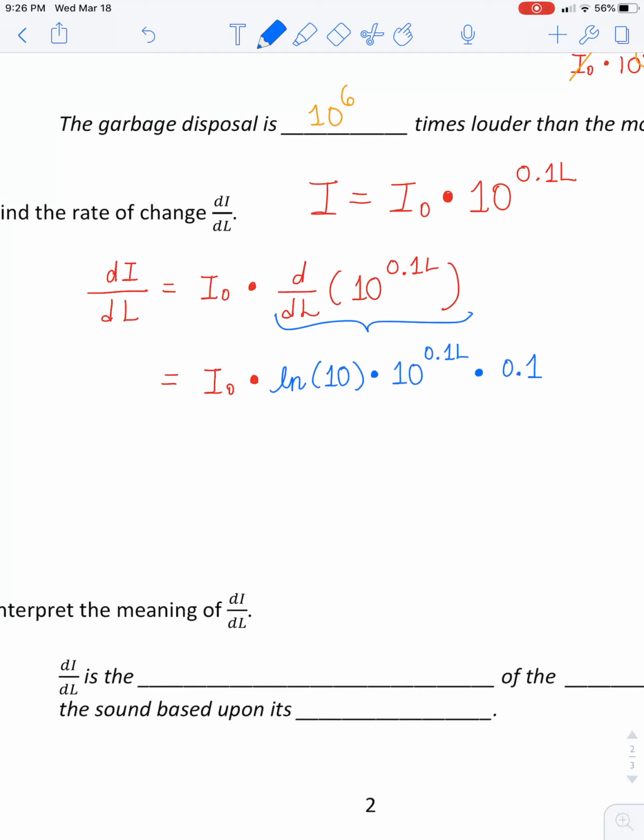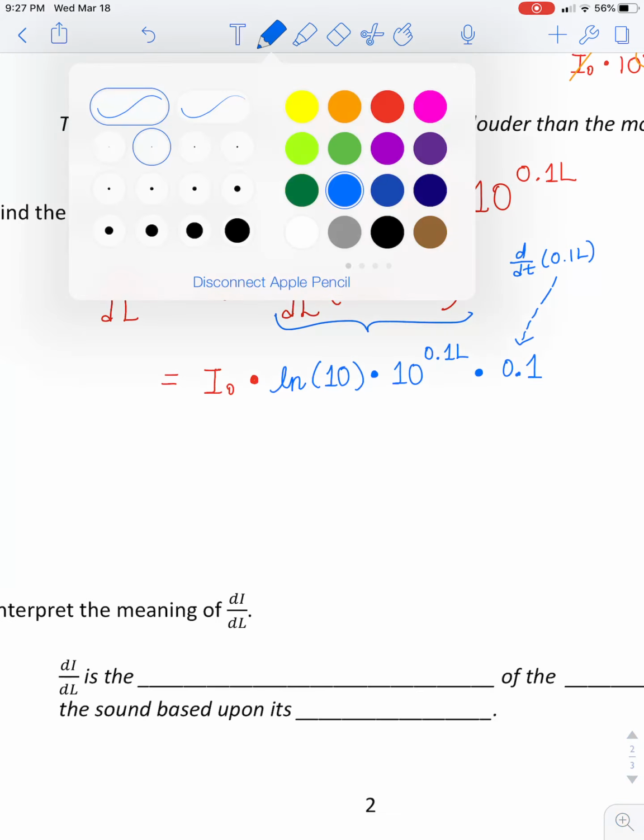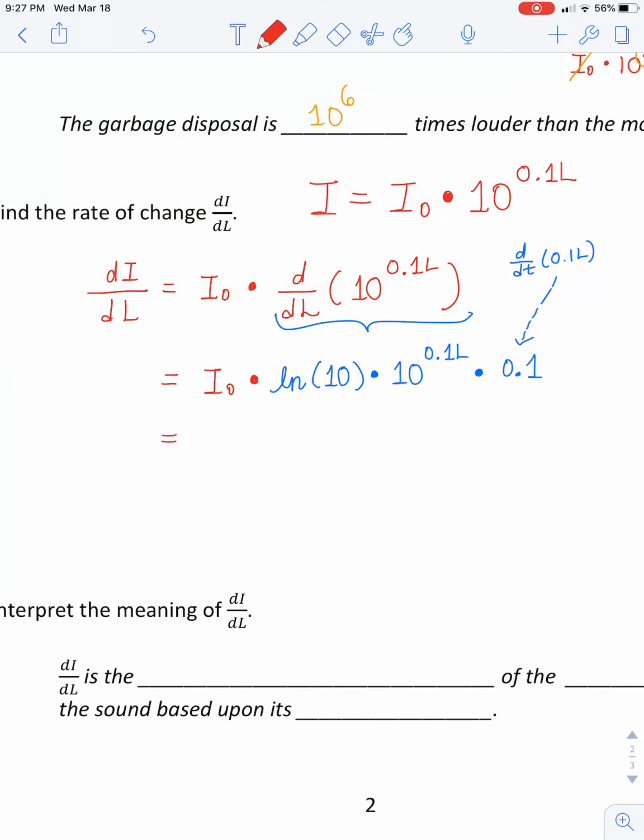I'll just write it as 0.1. And where did I get 0.1 from? Because the derivative of 0.1 L is 0.1. Okay, let's simplify this now. Is there anything to simplify really? Not really. There's nothing I can really multiply here.